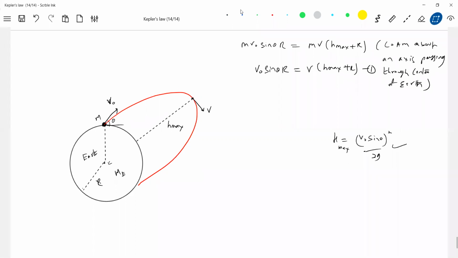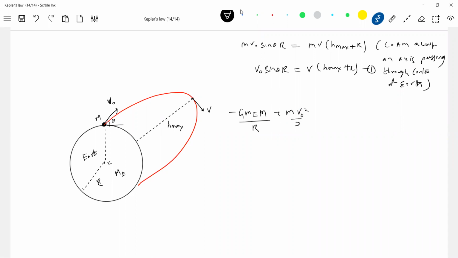What is one more equation? Conservation of mechanical energy. Applying that: minus G mass of earth m by r, initially at this particular point, is the interaction potential. Finally, m v0, or shall I write v0 sine theta or only v0? Kinetic energy, so the theta should not come.